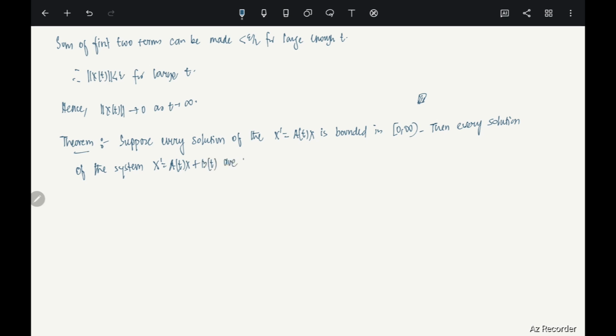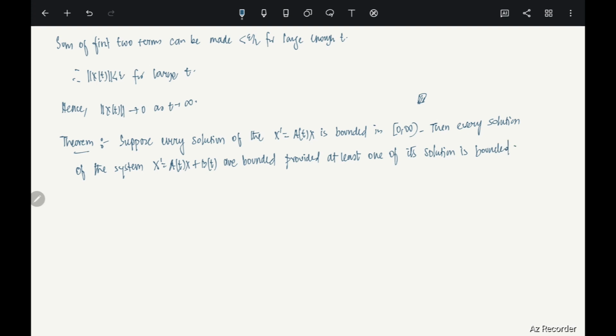Can you think of any condition under which this will be bounded? Provided, and this is a very simple condition at least, one of its solutions is bounded. I hope this is clear. I will just give you the proof.